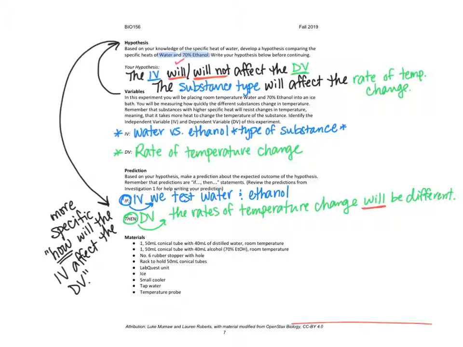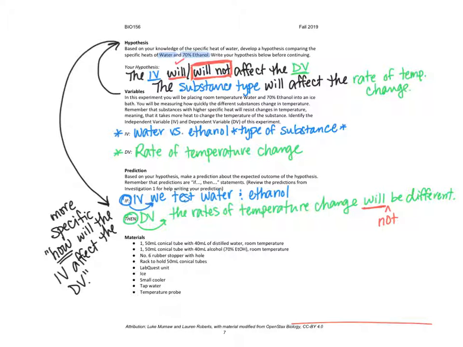Now, if you chose the will not option, then your prediction is going to look a little different. And you could say, if we test water and ethanol, then the rates of temperature change will not be different. So you would just add a not in there. You can even take this a step further and make an even more specific prediction. So maybe you think that water is going to change temperature faster than ethanol.